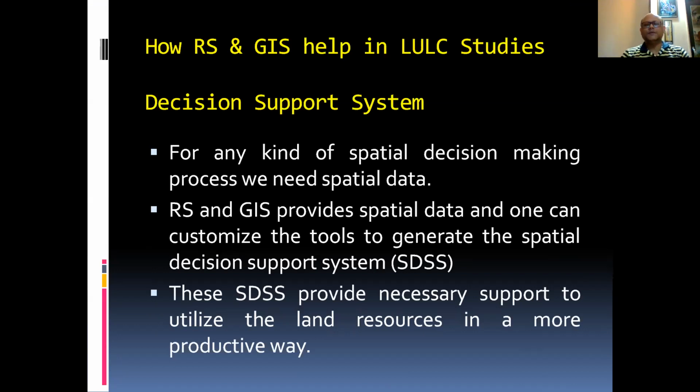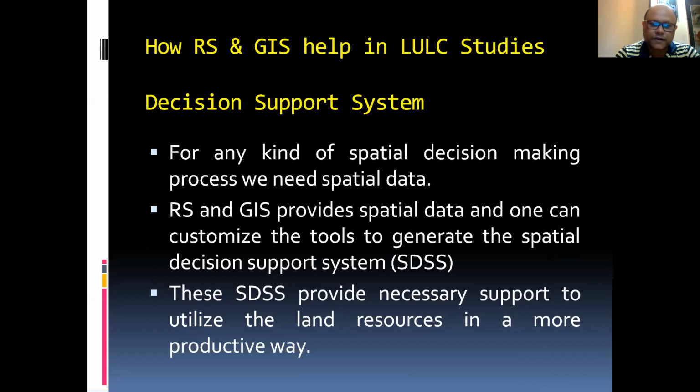Next, coming to how remote sensing helps in the decision support system. For any kind of spatial decision making process, we need spatial data. We geographers understand very well what spatial data is. Remote sensing and GIS provide spatial data, and one can customize the tools to generate a spatial decision support system.